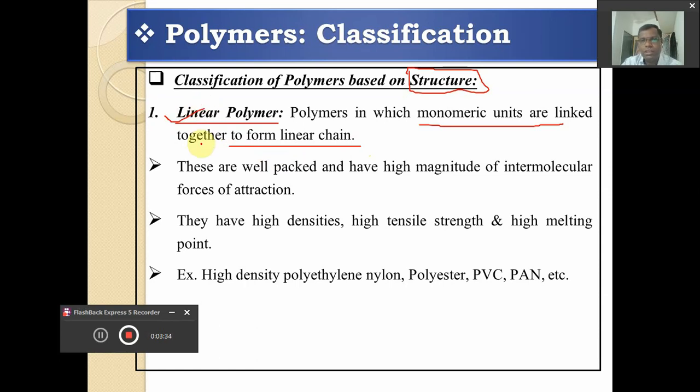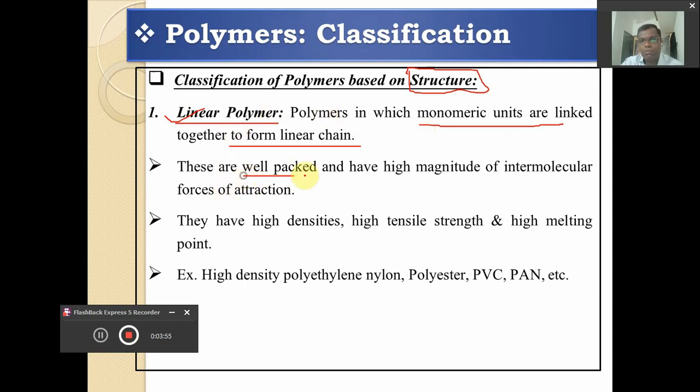So in this type, we are getting the long chain of polymer by a large number of monomeric units. That's why it is called a linear polymer.